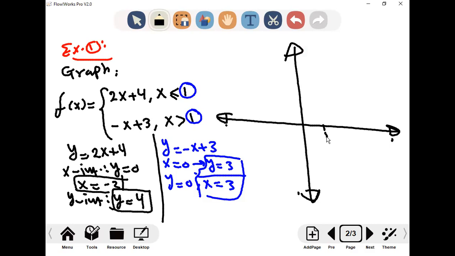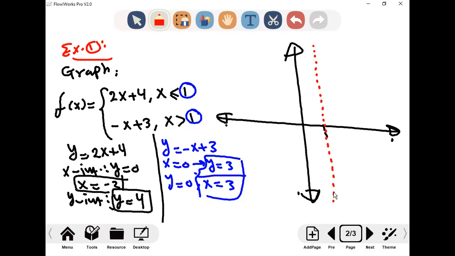And I will draw an imaginary line. It's not a line included in the graph, but I will draw it as an imaginary line in red color. See the 1? Now, x less than 1, I'm talking about this part on the left. x more than 1, I'm talking about the part to the right.